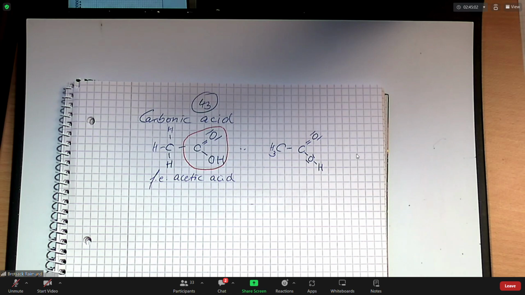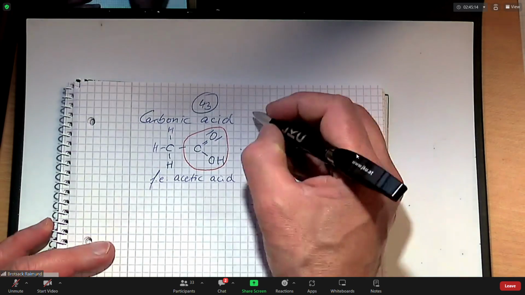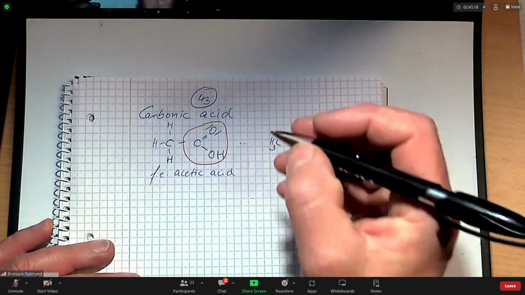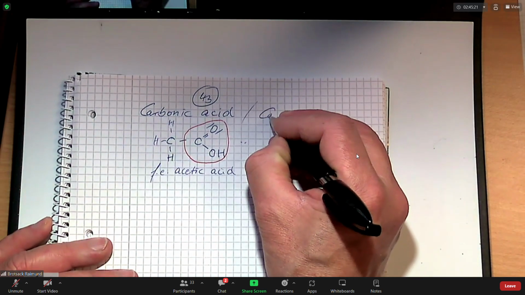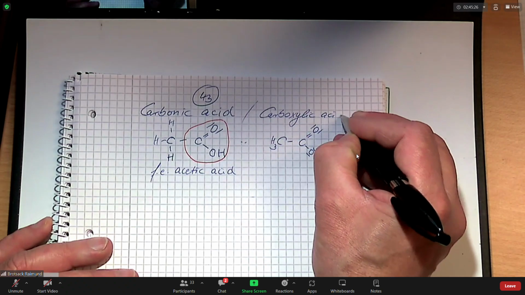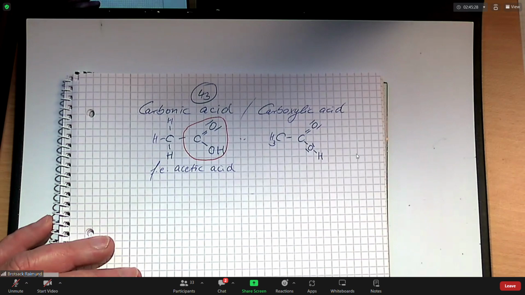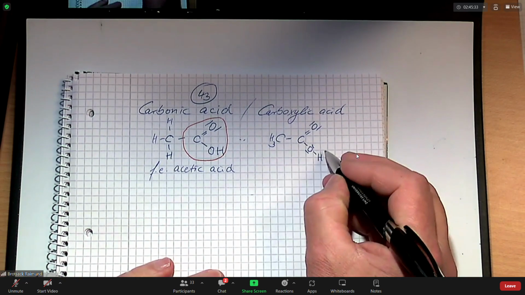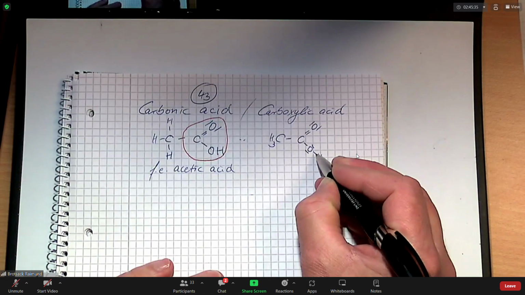Maybe it is even called carboxylic acid. Carboxylic acid. Maybe you're right, not sure. Maybe we have to look it up. I thought it's only carbonic acid. Maybe you're right, but the acidic proton is this one.